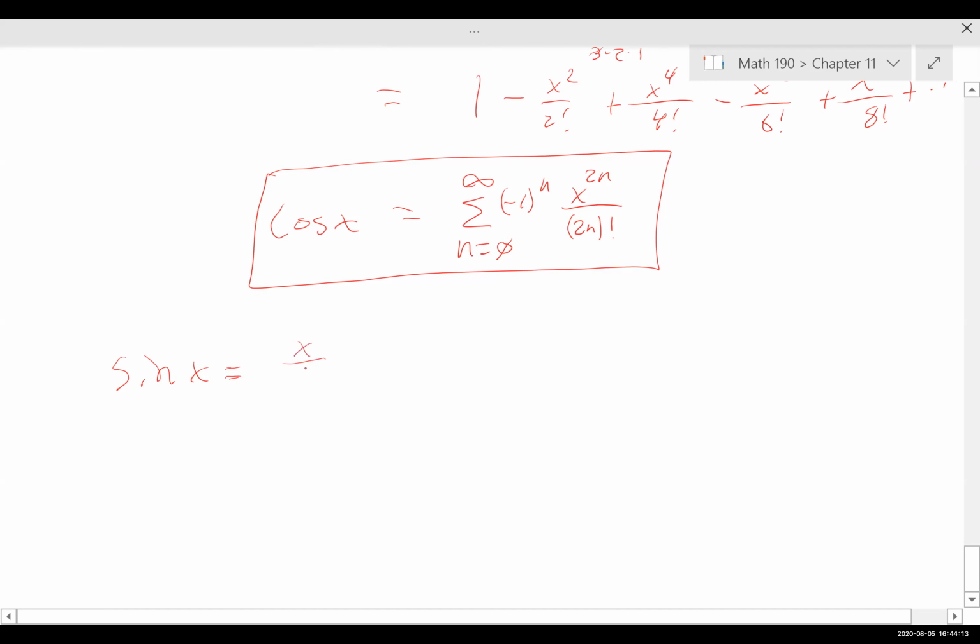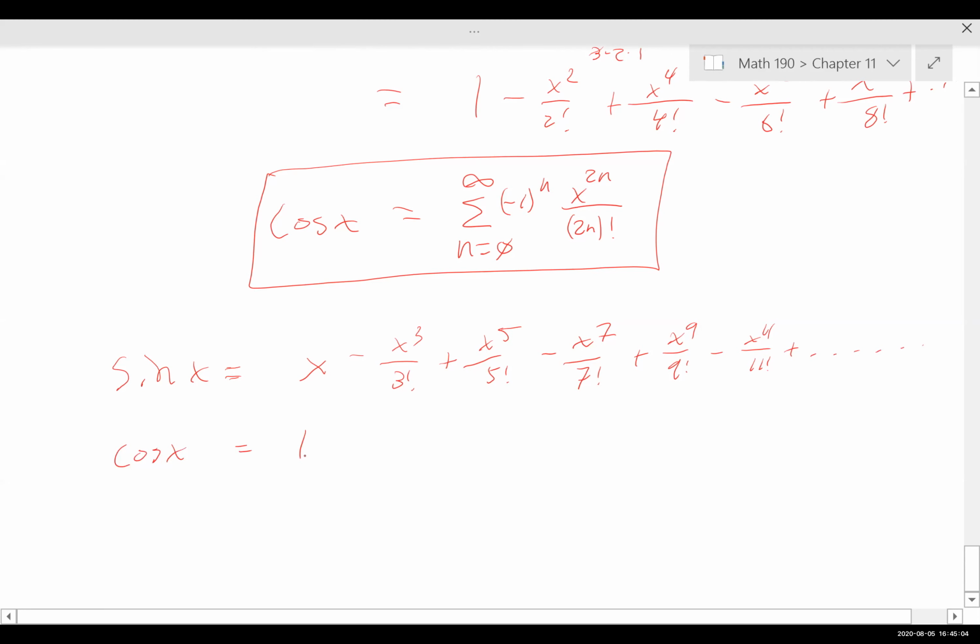Think of it as x minus x cubed over 3 factorial plus x to the 5th over 5 factorial minus x to the 7th over 7 factorial plus x to the 9th over 9 factorial minus x to the 11th over 11 factorial plus dot, dot, dot. It always starts with a positive.